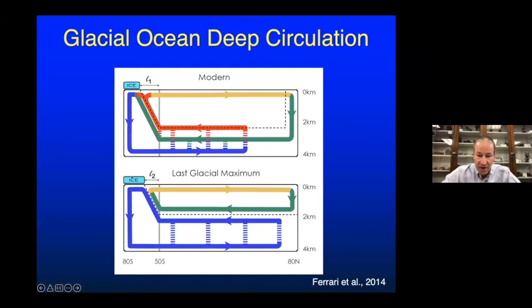Whereas at the glacial maximum, there was a much stronger separation of the two. This is work by Raffaele Ferrari at MIT that shows a stratification where the shallow circulation went around and around, and the deep circulation dwelled much longer at depth.